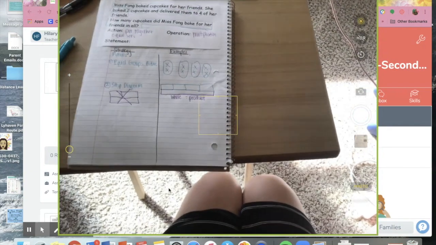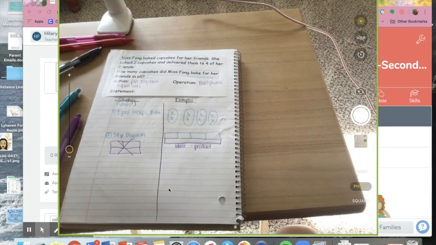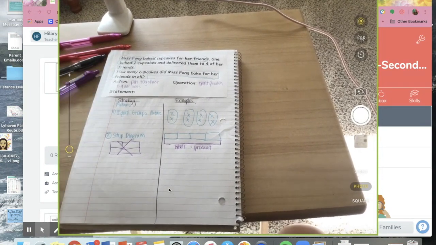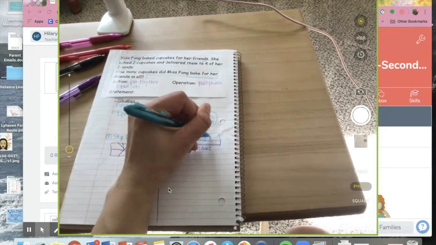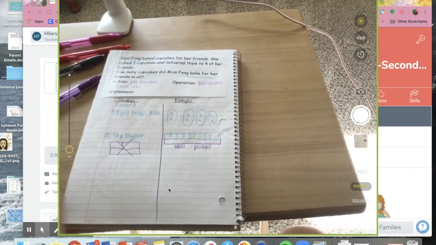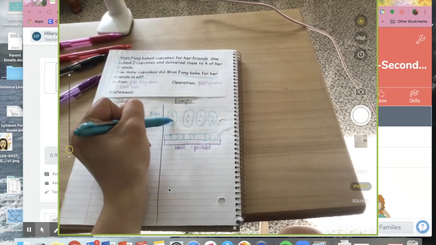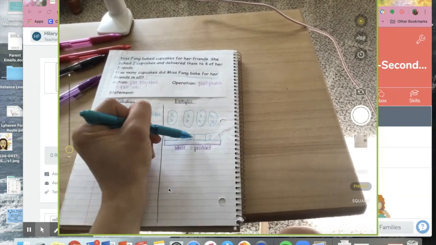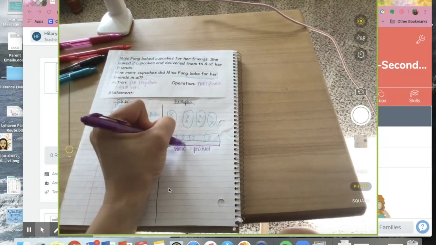Okay, so we are going to put 2 in each. So you can write just the number 2, or you could draw 2 X's. It's up to you. I'm just going to draw the number 2. And then up here, you can skip count, and same with here. You just count your X's. 1, 2, 3, 4, 5, 6, 7, 8. It's 8, or 2, 4, 6, 8. So our product is 8.